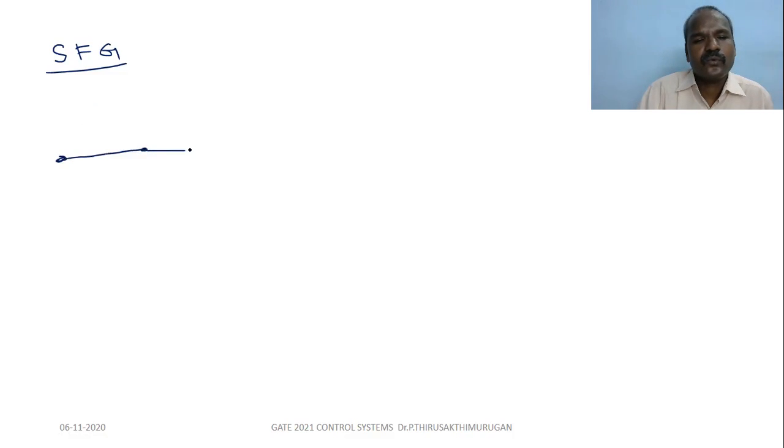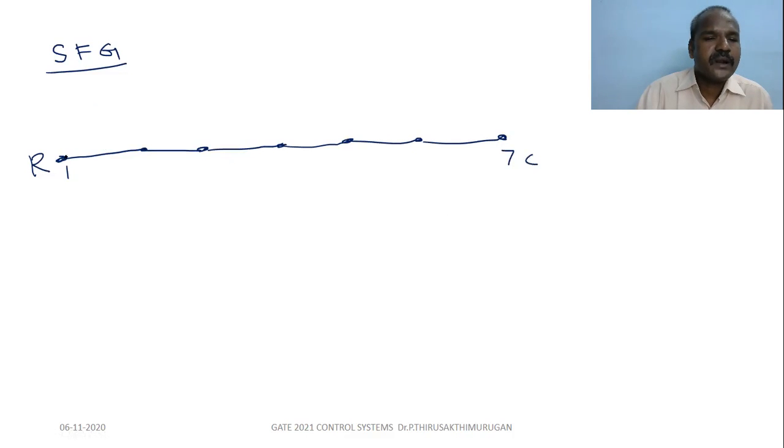So, the signal flow graph. To draw it: nodes 1, 2, 3, 4, 5, 6, 7. The first node is R, the 7th node is C. Between 1 and 2 there is no gain, so 1.